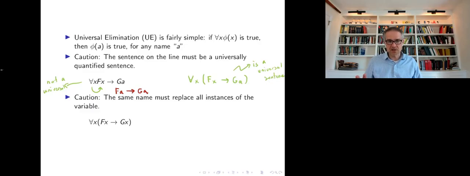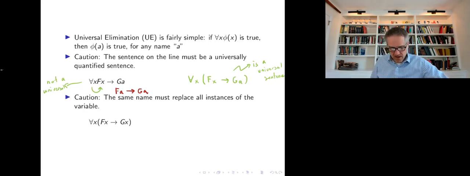Okay, second caution. The only legitimate use of universal elimination is where you take off the quantifier and then the corresponding variable, you replace it everywhere it occurs with the same name. So you can't replace different occurrences of the variable with different names. And also you'd better replace every occurrence of the variable with a name, or what you end up with is not a sentence.